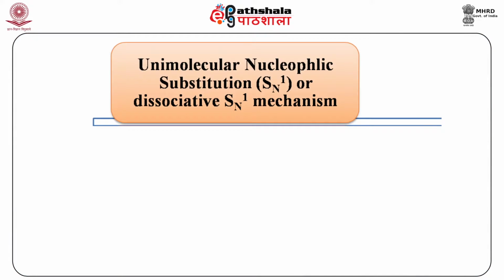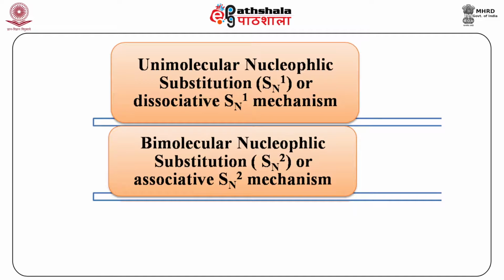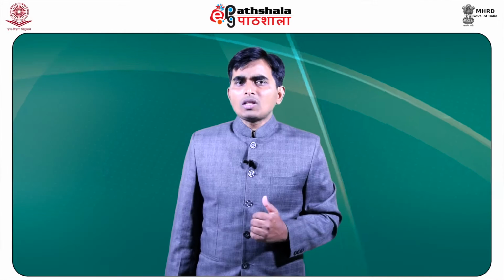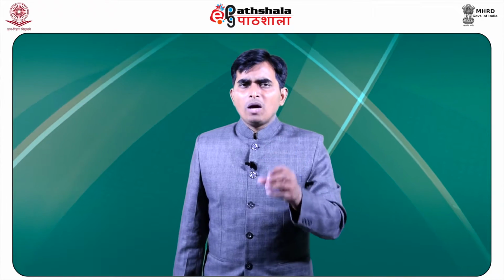These are unimolecular nucleophilic substitution reaction, which we also call dissociative SN1 mechanism; bimolecular nucleophilic substitution reaction, which we also call associative SN2 mechanism; third, dissociative interchange reaction, represented by the term ID; and the fourth one, associative interchange reaction, represented by IA. Now, let's learn them one by one.